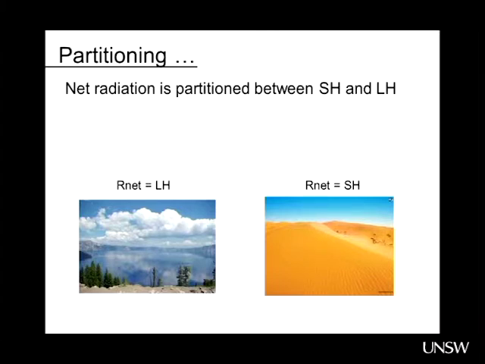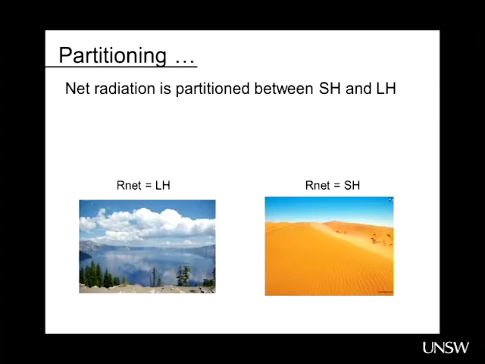The energy will all be used to drive a moisture flux. On the right-hand side, in your deserts, all of the energy will be used for sensible heat because there's no moisture. You can't have an evaporative flux in the absence of water. So, we get two bookends, if you like, to the entire system. A total evaporative-driven landscape and a total sensible heat-driven landscape.